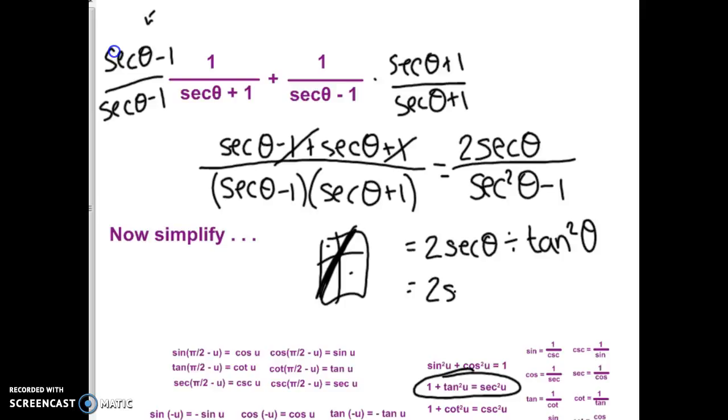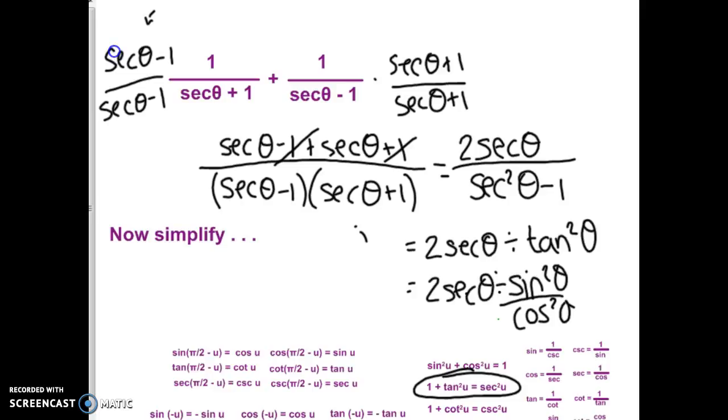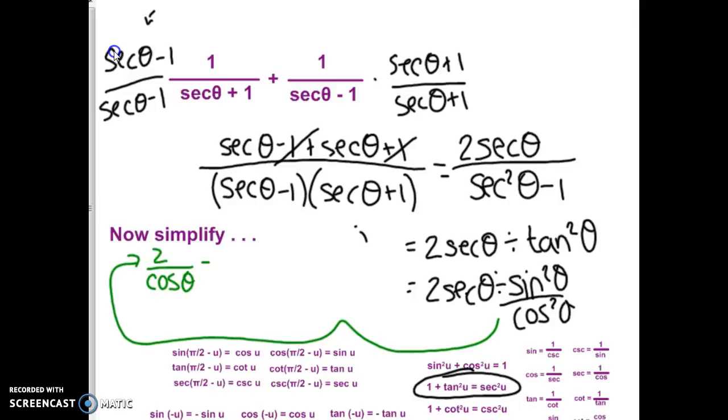I'll continue to rewrite that using sines and cosines: sine squared theta over cosine squared theta, and see if that helps me at all. And I should probably rewrite this one too. So I am going to give myself a little more room over here, and begin again. 2 over cosine theta divided by sine squared theta over cosine squared theta, so it's multiplied by the reciprocal, cosine squared theta over sine squared theta.